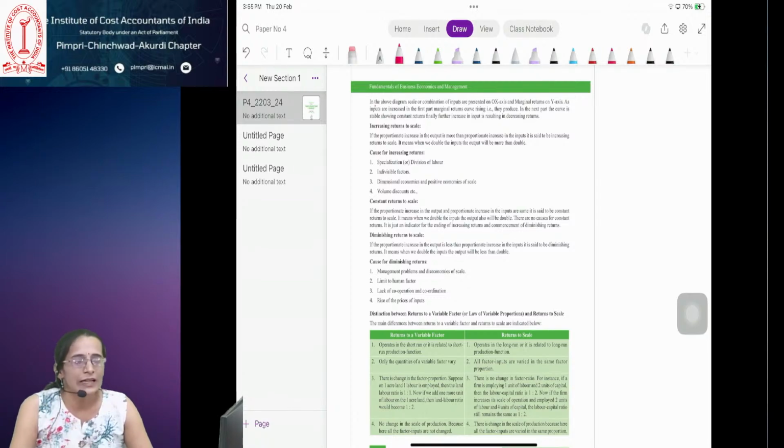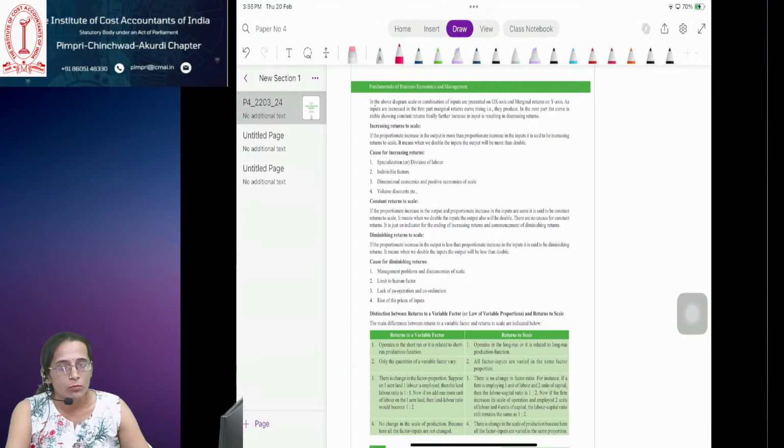So what can be the causes of diminishing returns? What does diminishing returns mean? Inputs are more, and from that input we are getting less in comparison to that increase, right? The increase in the output is less.